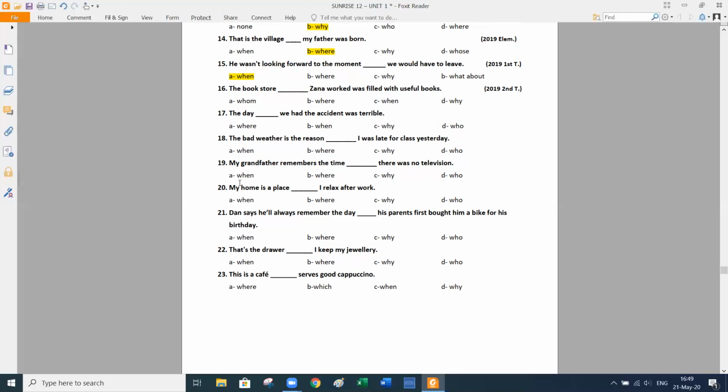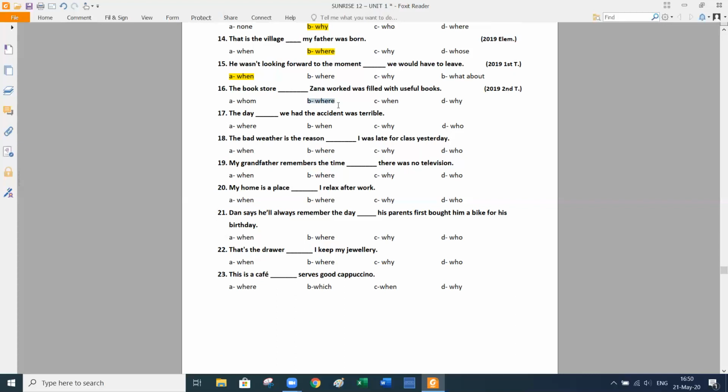Next one, the bookstore. Bookstore, most probably, we are talking about a place. There's a ministry exam question. They don't use it as object or subject in the ministry exam questions. But again, we need to make sure the bookstore Zana worked was filled with useful books. Where?